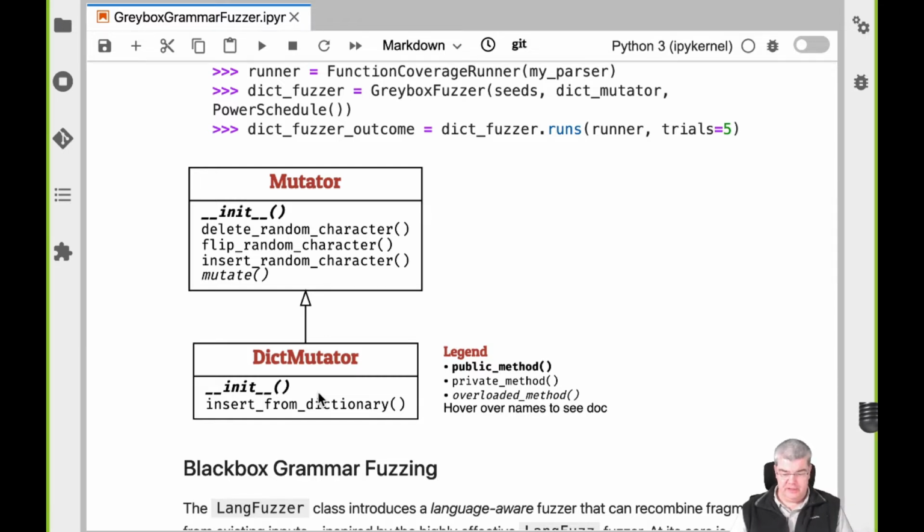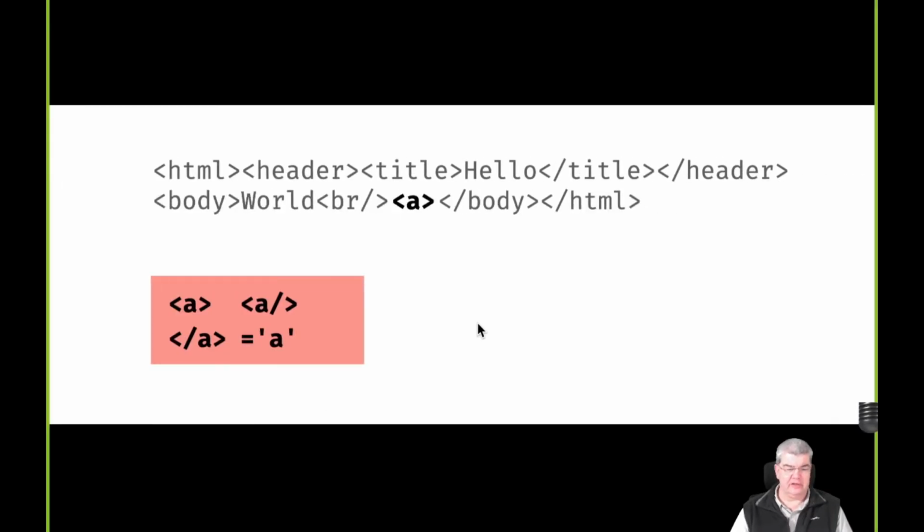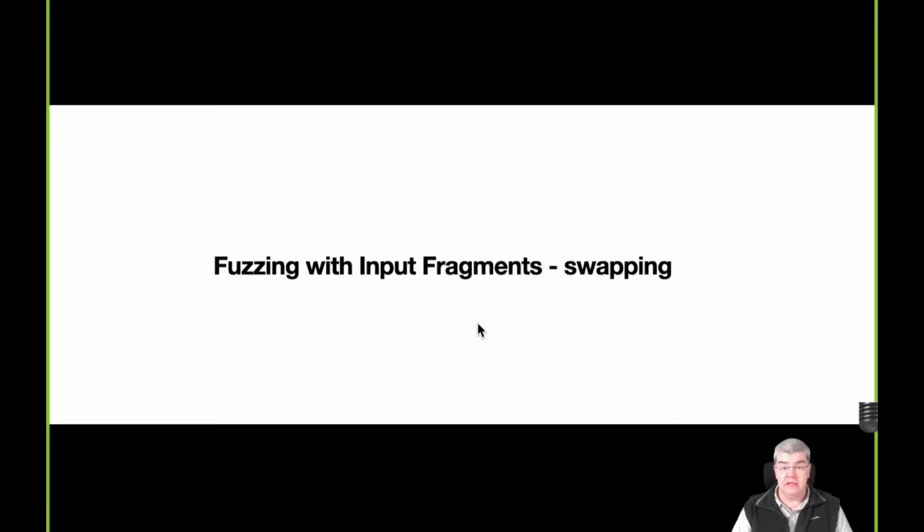That's our first technique. Our second technique that we're looking into is fuzzing with input fragments. So rather than having a dictionary of possible tokens, possible small parts, we are using a grammar to parse inputs, and we are having a big collection of inputs that we are using and parsing to obtain plenty of input fragments.